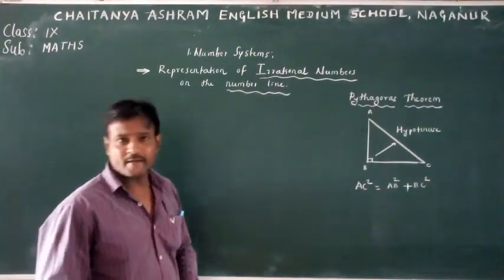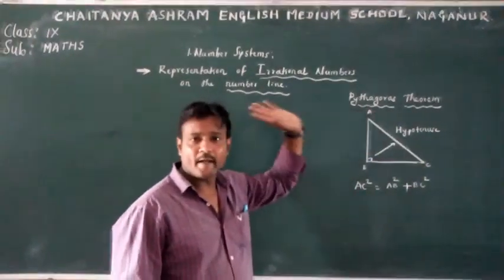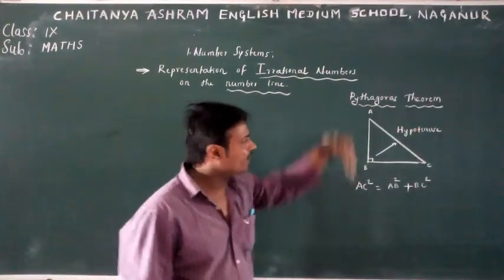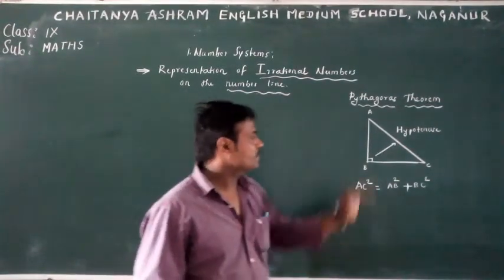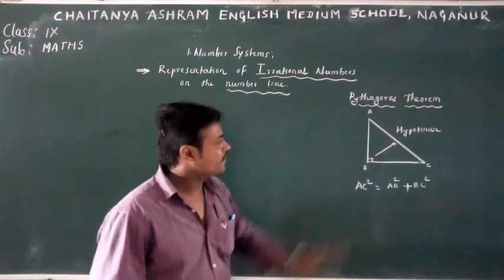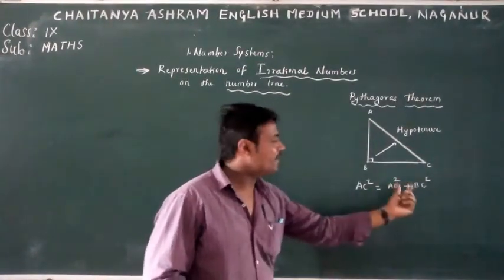What is said about the three sides of a right triangle? In any right triangle, the square of the hypotenuse is equal to the sum of the squares of the other two sides. Square the side AB, square the side BC, find their sum.